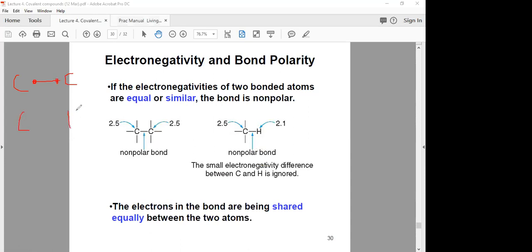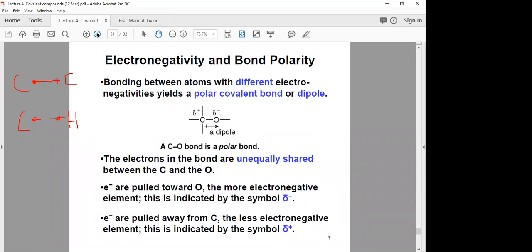Carbon, hydrogen, more or less equal sharing of those electrons in those covalent bonds. All right, now let's look at an example where there is a greater electronegativity difference between the atoms in that covalent bond.